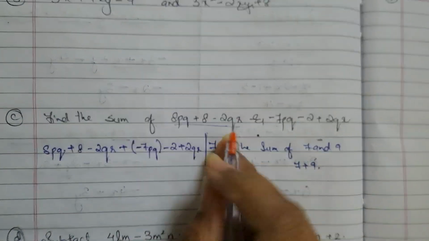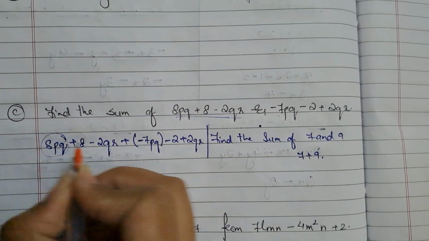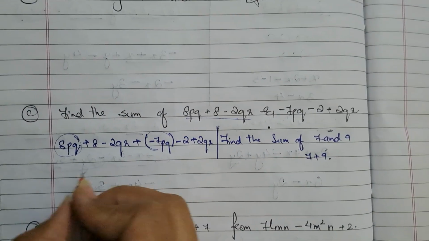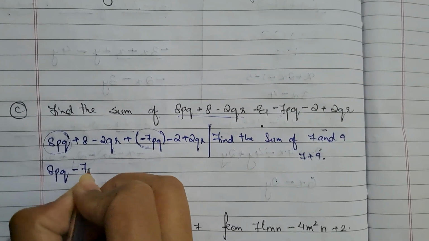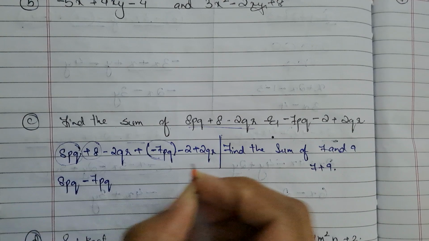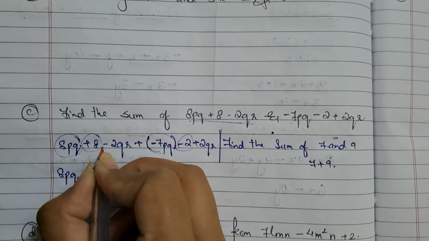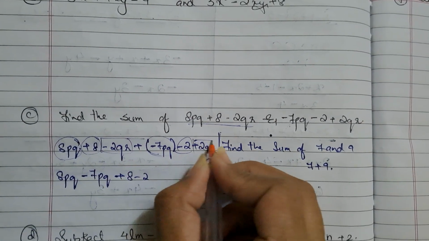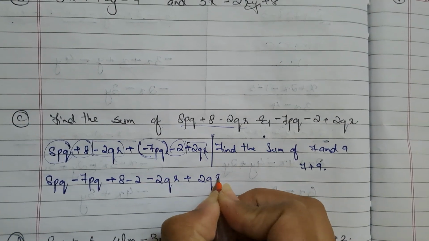Now this is a line to separate this part and this part. Don't freak out. Here, this term is similar to that of this. So that becomes 8pq plus into minus 7pq, 8 and minus 2 plus 8 minus 2. Then this term and this term, minus 2qr plus 2qr.